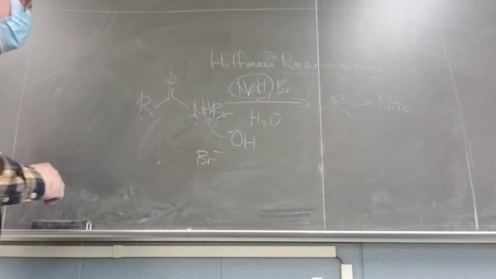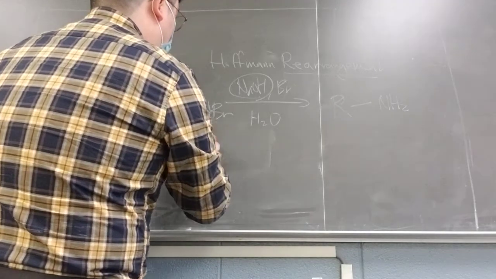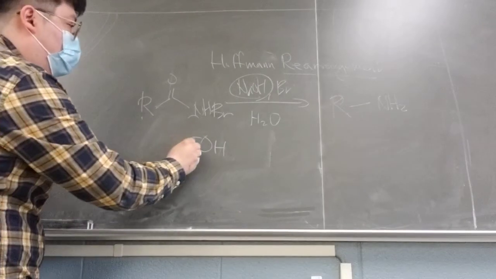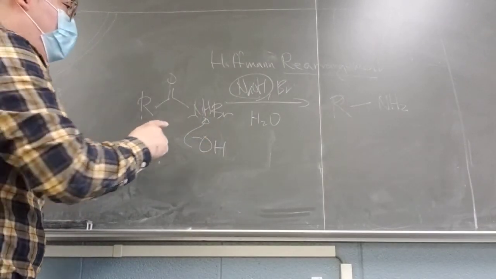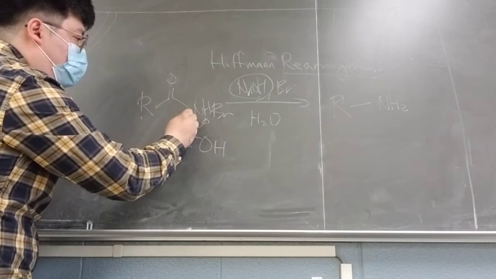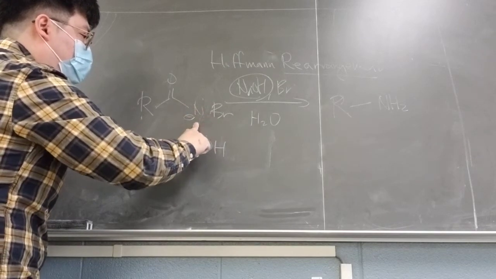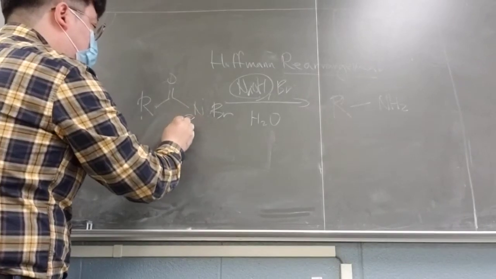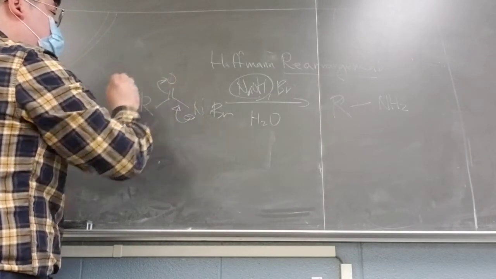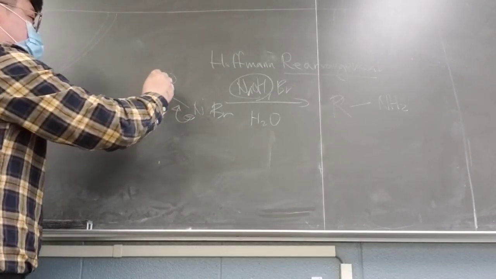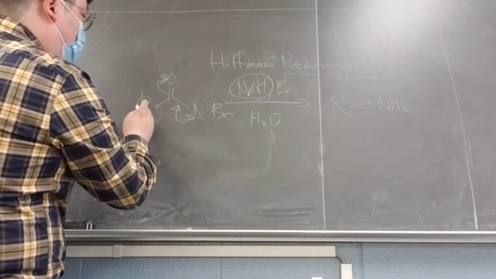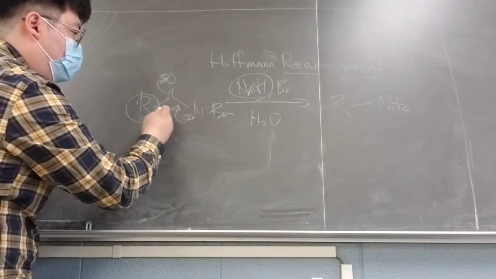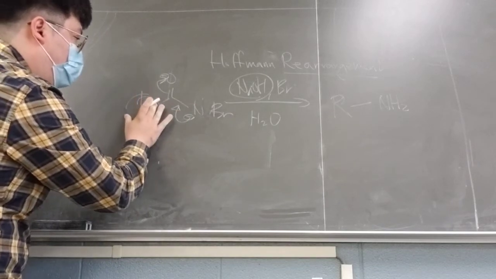And then, because it's base conditions, there's a lot of OH minus. It grabs another hydrogen over there, and the nitrogen becomes negatively charged again. So that hydrogen is gone, and the electrons push. When the nitrogen is negative, the R group rearranges on the nitrogen.